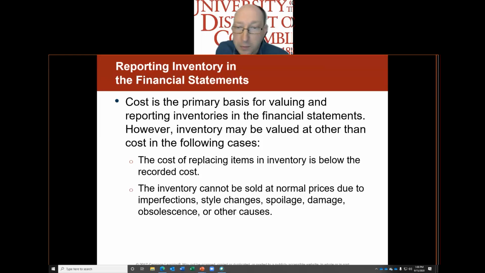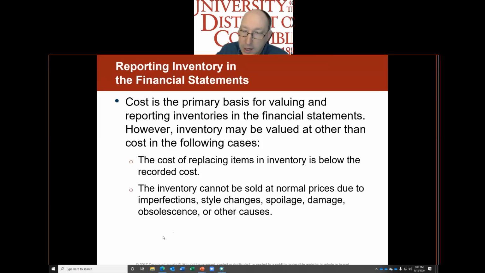The cost of replacing items in inventory is below the recorded cost. We call this below market value. The inventory cannot be sold at normal prices due to imperfections, style changes, spoilage, damage, obsolescence, or other causes. When you see the word obsolescence, it means the item is obsolete.